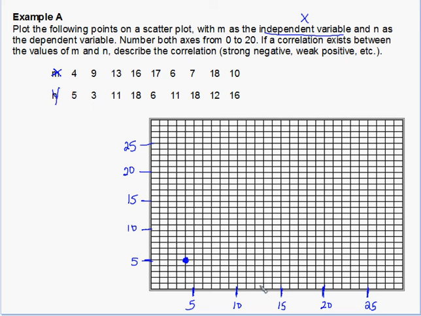My next point is 9, 3, and then 13, 11, and then 16, 18, okay, and then 17, 6.